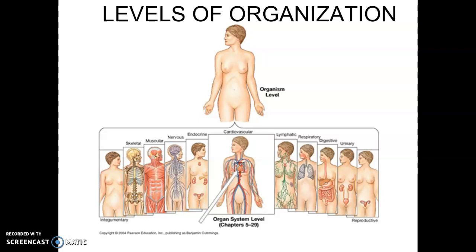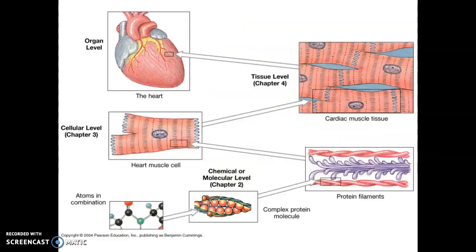Now again, they've chosen to show the cardiovascular system, but we really have 11 systems, and they really do work together, and usually what goes on in one affects what goes on in the others. So we'll talk also individually about what each system does. But right now, as far as understanding how things are organized, we do see the systems, and we know that the systems are then further broken down into organs.